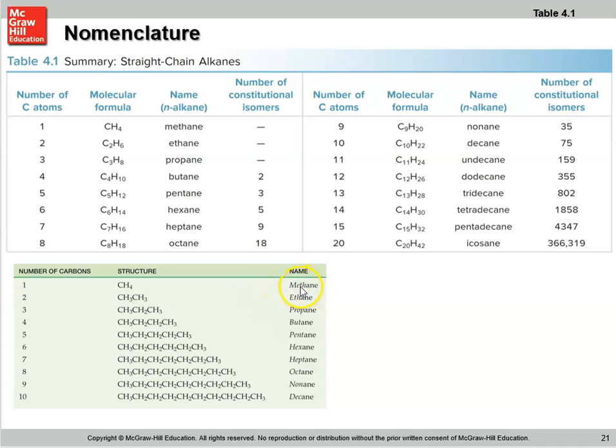So this is the base of that word, the meth part, eth, prop, but, pent, hex, hept, oct, non, and dec. 1 through 10, those are what I'd like you to remember. And again, it's just the chain length that we're talking about. So this is the first step in naming using the International Union of Pure and Applied Chemistry, IUPAC naming system.